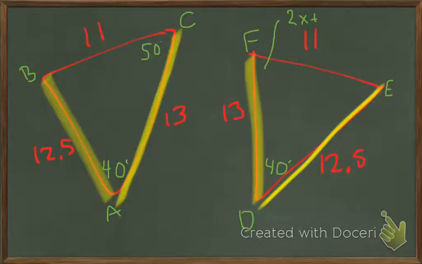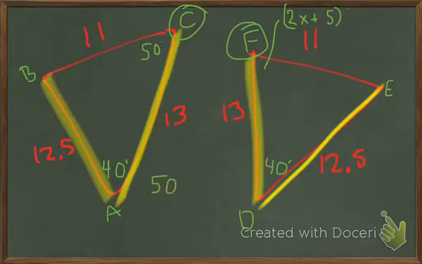So what if I said it was 2x plus 5 degrees? Again, we know that angle C and angle F have to be the same because they're between the 11 and the 13. So if they're congruent, if they're the same, you set them equal and you solve. The first thing we need to do is get rid of that 5.